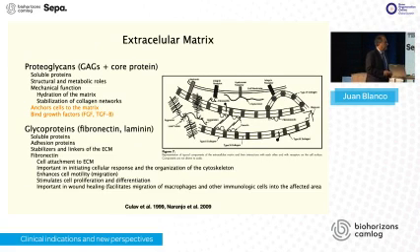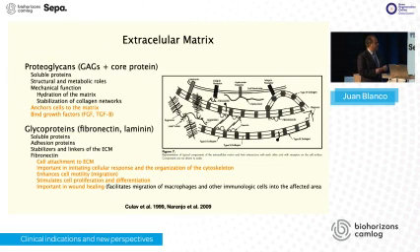And of course, we also have some glycoproteins, such as fibronectin and laminin, that have their own role in the connective tissue. And the role of fibronectin, for example, is not only to attach the cells to this extracellular matrix, but also to stimulate cell proliferation and, what is probably more important, differentiation.